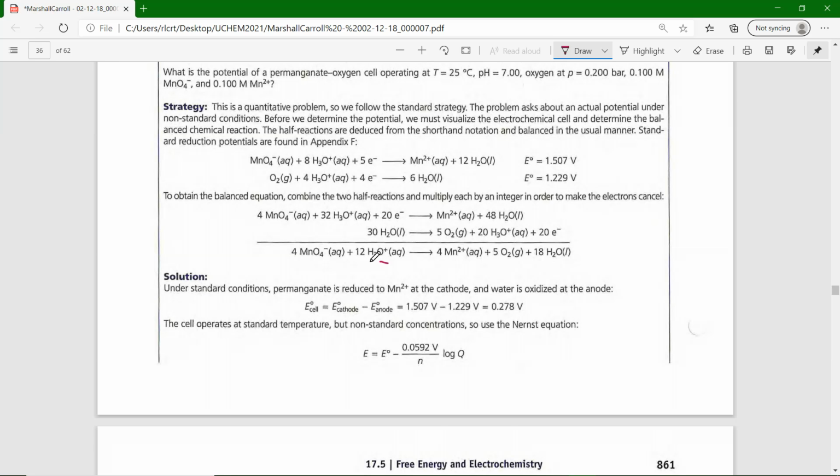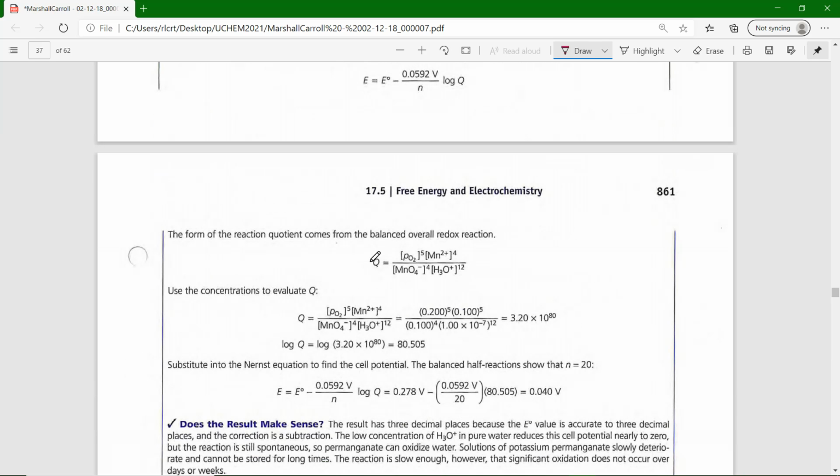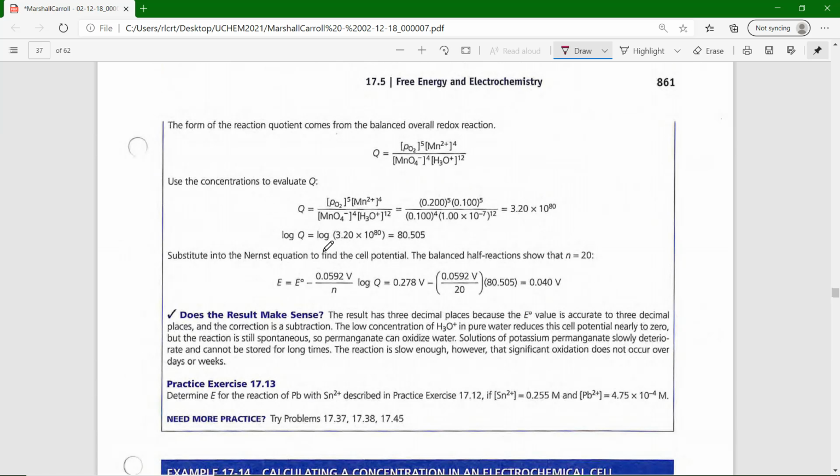Wow, to get the Q. Okay, so there it's all in all its glory there. Wow, that's a lot of powers, eh?